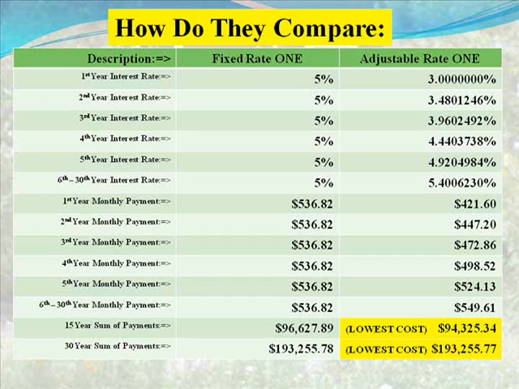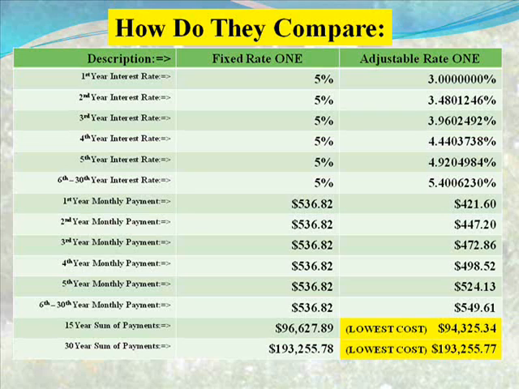But the important thing to consider is the 15th year sum of payments for the adjustable rate loan is $94,325.34, or it's less than the total of the payments for the 15th year for the fixed rate.